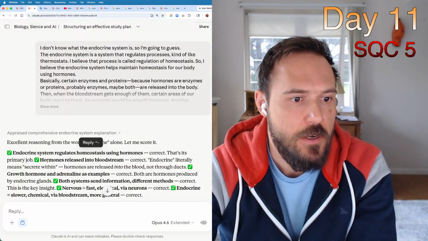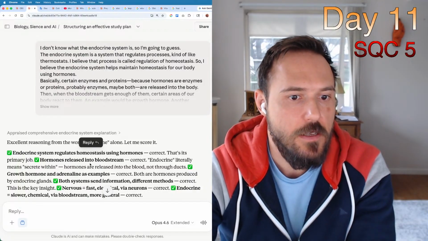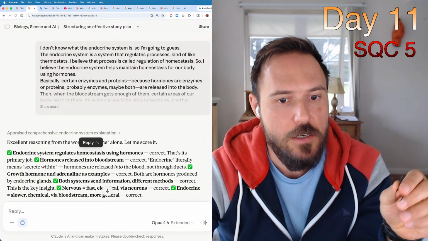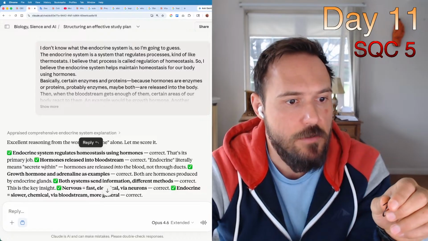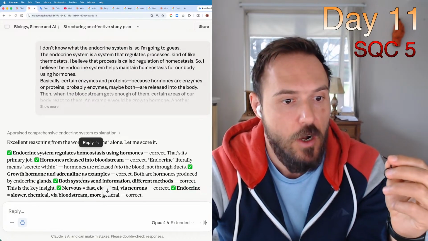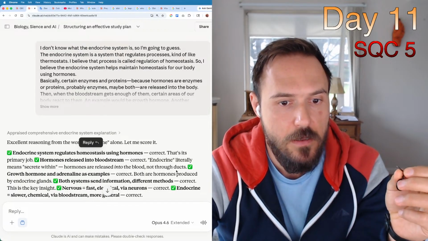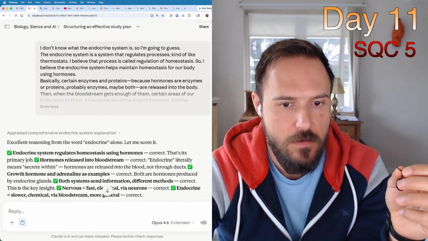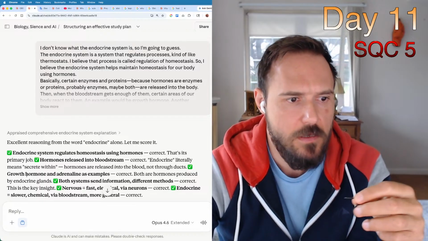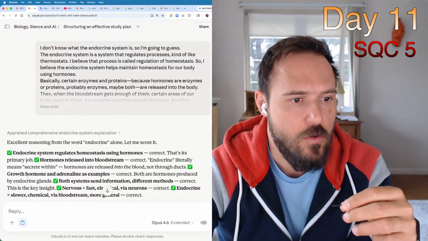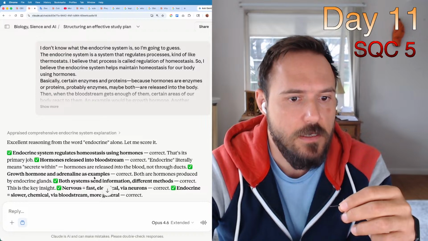That's its primary job. Hormones released into the bloodstream, correct. Endocrine literally means secrete within. Hormones are released into the blood, not through ducts. What is ducts? Growth hormone and adrenaline are examples, correct.